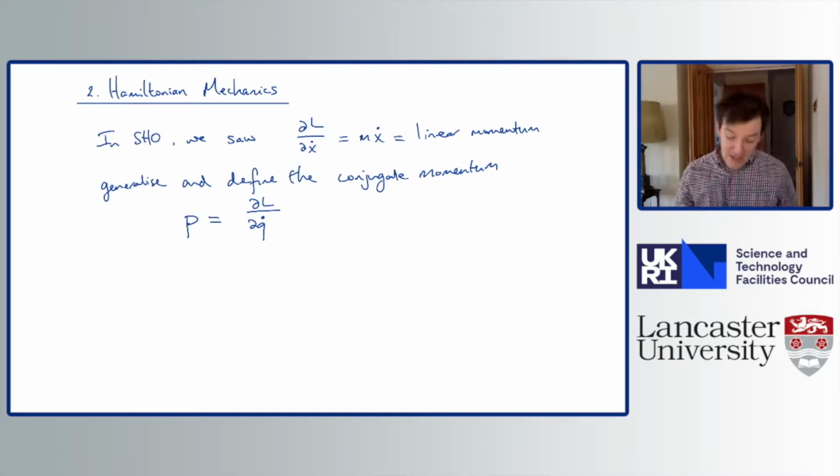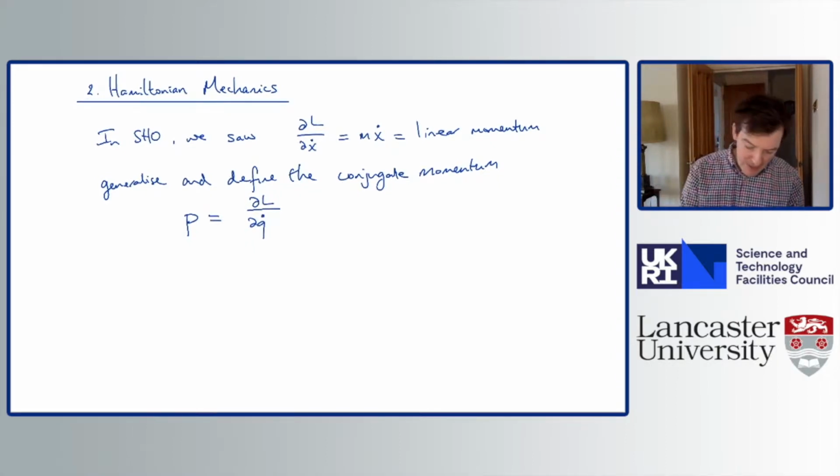In problems with rotation, this conjugate momentum can give you the angular momentum instead. So we use the symbol P, but it doesn't mean it's just going to be the linear momentum. In rotational problems it could end up giving you the angular momentum, but it gives you something which is a momentum.